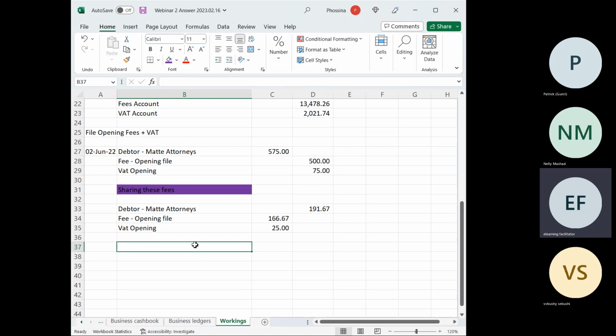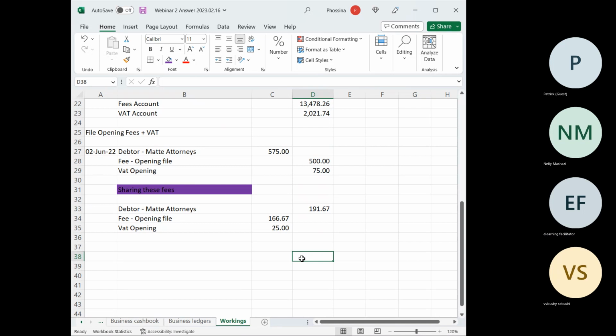A third should go to the correspondent when we are paying the final balance. Hopefully you understand. If I'm too fast, I can repeat for you.